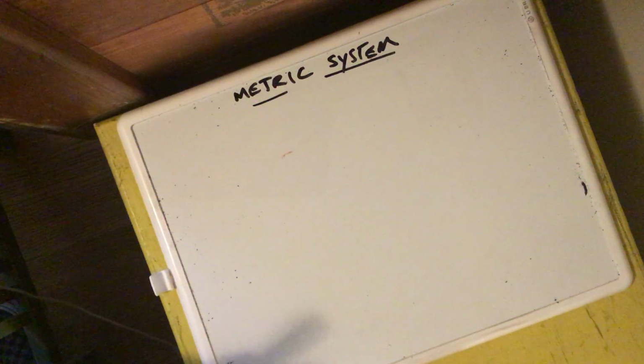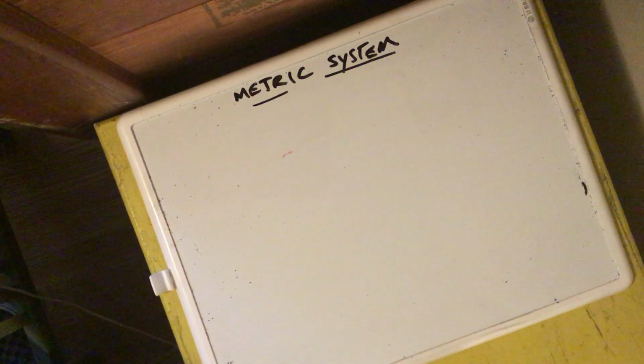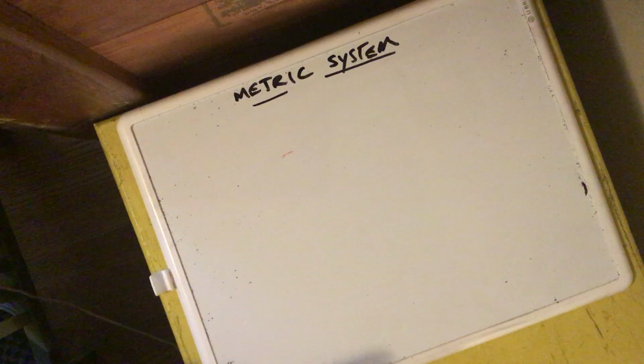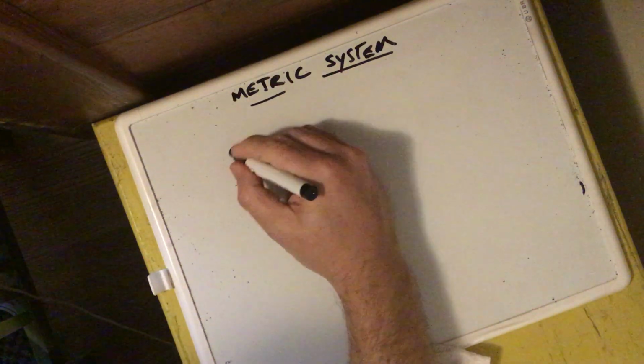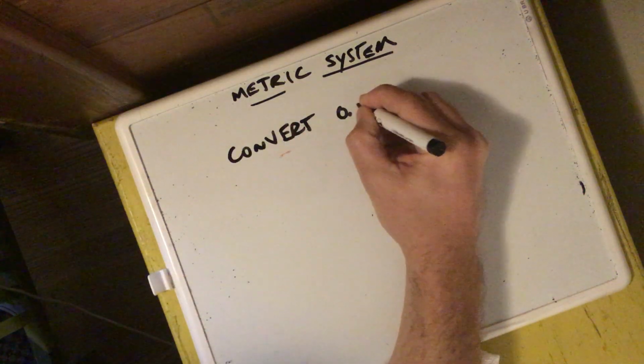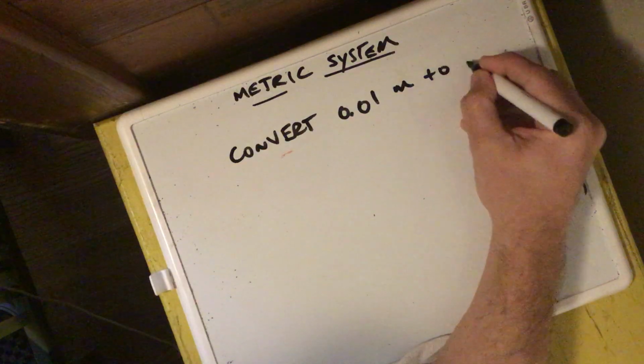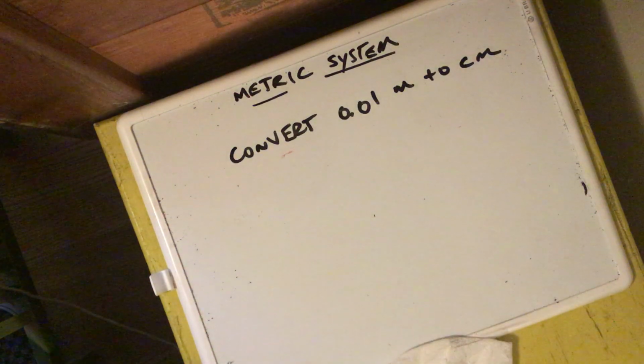All right, third example. This one's going to be from the practice worksheet that's posted. This is going to be number 4. It says, convert 0.01 meters to centimeters.